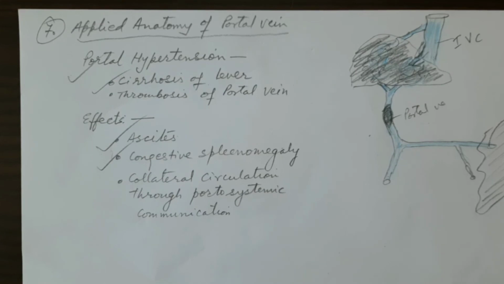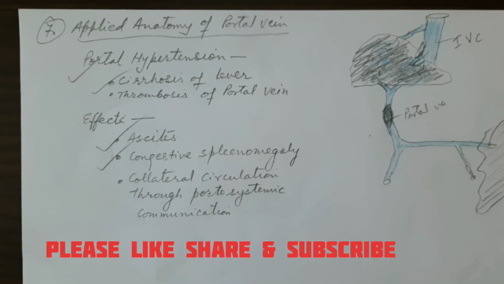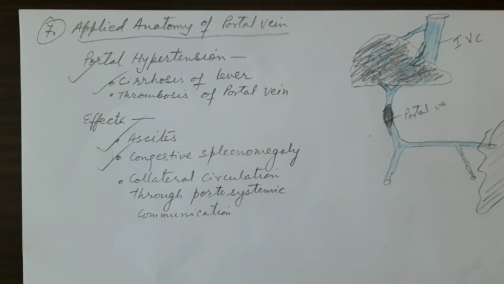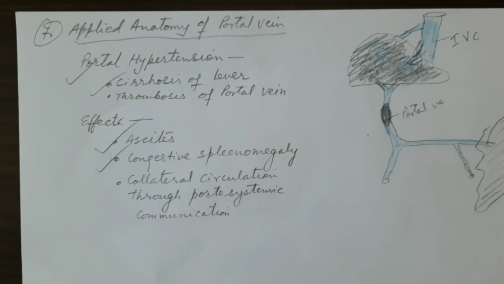This communication is between the tributaries of the portal vein and the tributaries of the systemic veins, that is, tributaries of the inferior and superior vena cava. They usually have the anastomosis, but it is not functional, meaning hardly any blood passes between them.